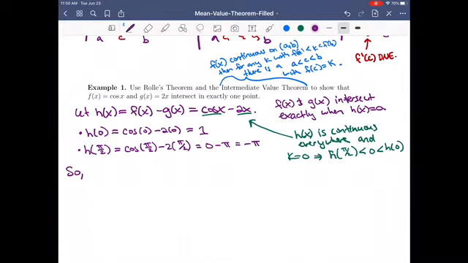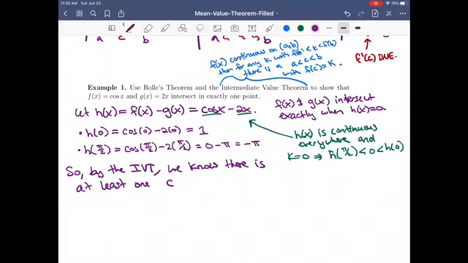So by the intermediate value theorem, which I'm going to call IVT, we know there is at least one c, where c is between 0 and pi by 2, where h of c equals 0.